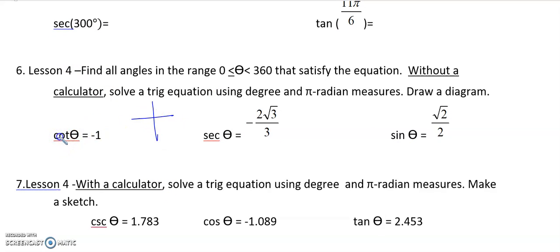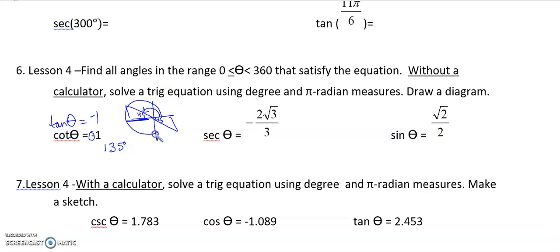If you think of this being the reciprocal of tangent, tangent is negative in quadrants 2 and 3. The angle that has a tangent value of 1 would be a 45-degree angle in both of these areas. So we need to name this angle, which is 180 minus 45, so 135 degrees.